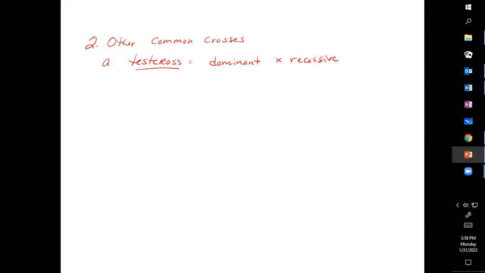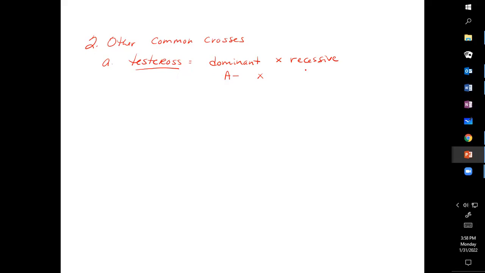The genotype of a dominant is unknown. So I'm just going to use a generic symbol here. We've got a dominant individual. We'll give it an uppercase letter, indicating that it has one dominant allele, but we don't know if it's homozygous or heterozygous. So a test cross is a cross between this dominant and a recessive.